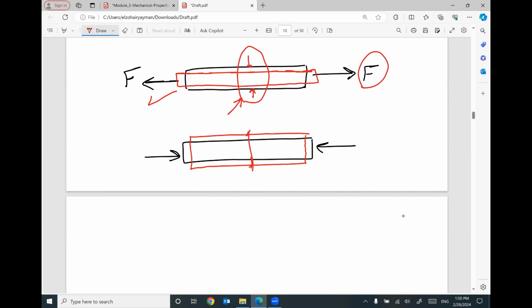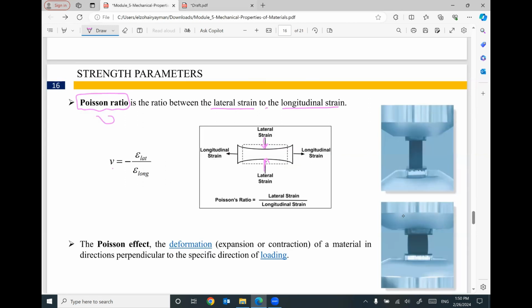So if you divide the new deformation by the original length, you can get a strain. So we have longitudinal strain. Longitudinal means in the same direction of the applied force. And we have lateral strain. Lateral means in the direction perpendicular to the direction of loading. If you divide the lateral strain by the longitudinal strain, we can get the value of Poisson ratio.